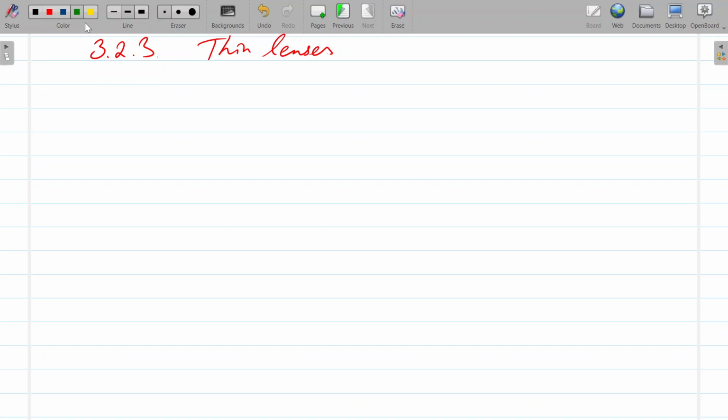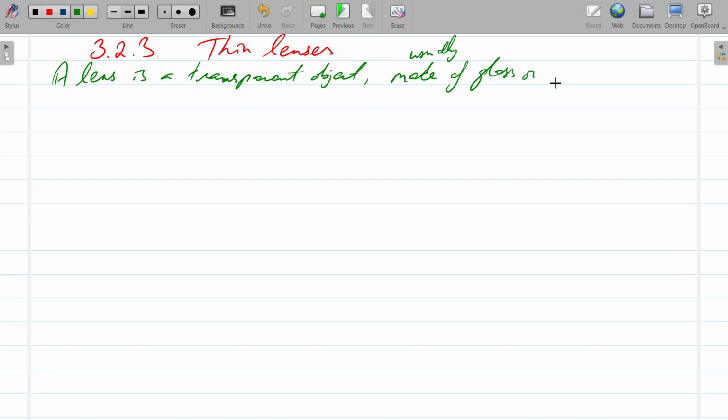It is a transparent object made of either glass or plastic that bends light, or in other words, causes refraction, right? And it has at least one curved surface.